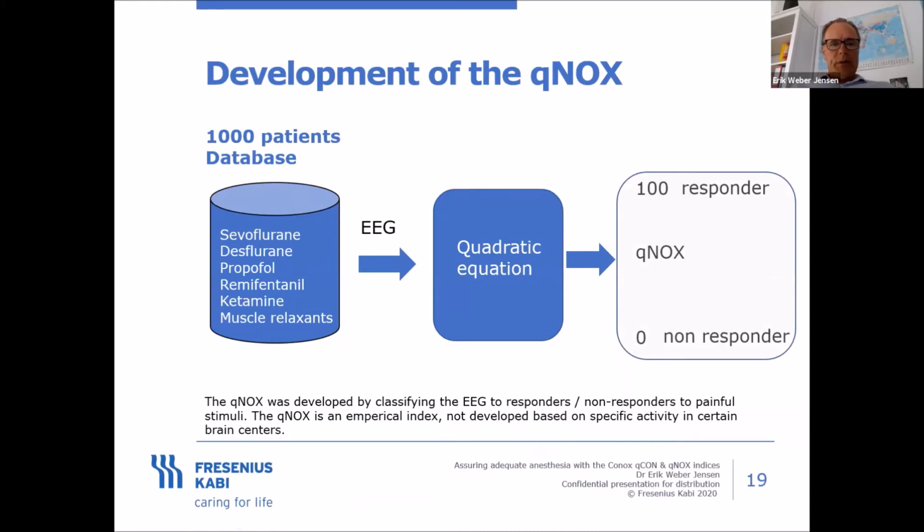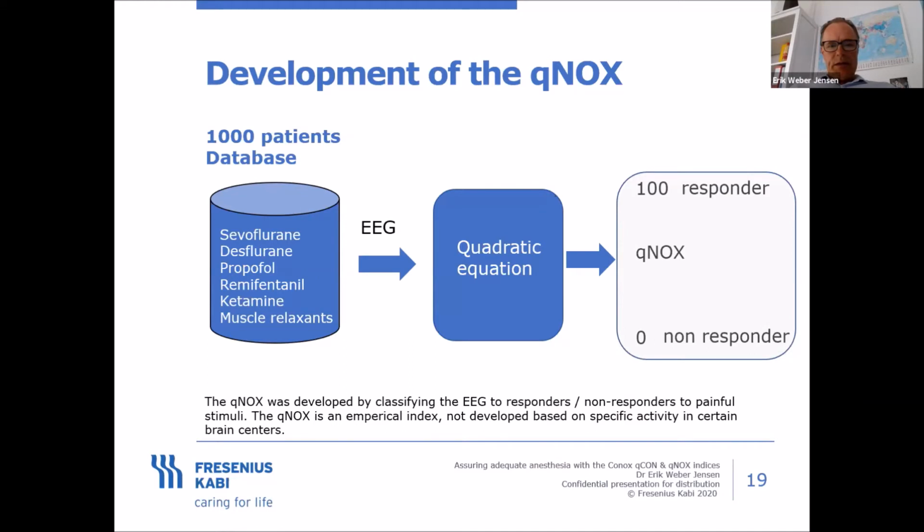So the qNOX was developed based on a large database where we included 1,000 patients with a number of different anesthetics and analgesics: sevoflurane, desflurane, propofol, remifentanil, ketamine, and muscle relaxants.